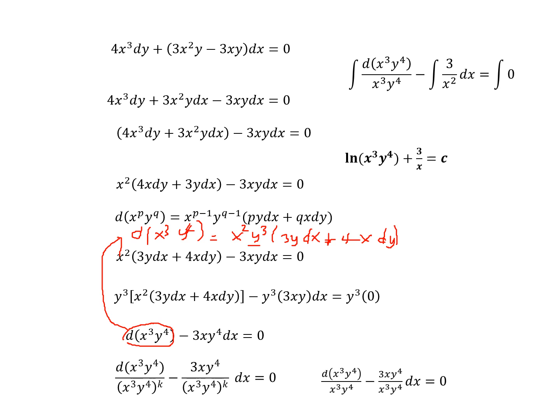Remember that is the same as 3 x to the negative 2, and the integral is negative 3x to the negative 1 over negative 1. That gives you simply 3 over x, equals c. So this will be our general solution.